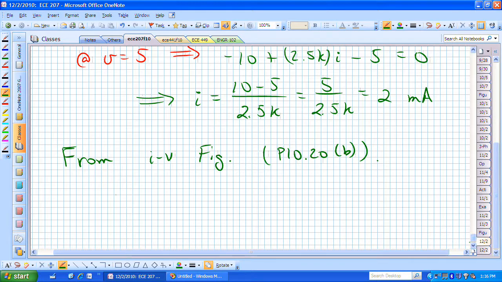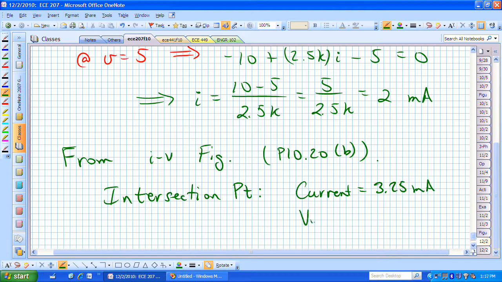We were able to find this intersecting point, and that ended up being a current equal to 3.25 milliamps and a voltage of 1.8, the book maybe says 1.85.